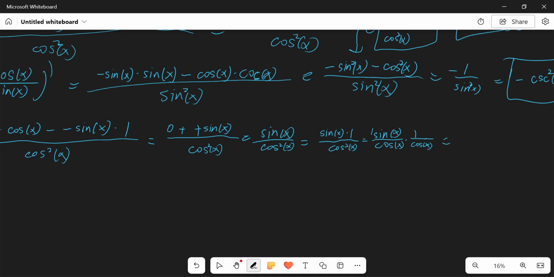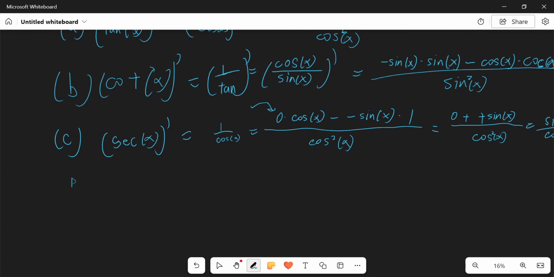Is this familiar? Yes, because it is just tan x multiplied by, also familiar, sec x. That'll be the final answer to this problem.